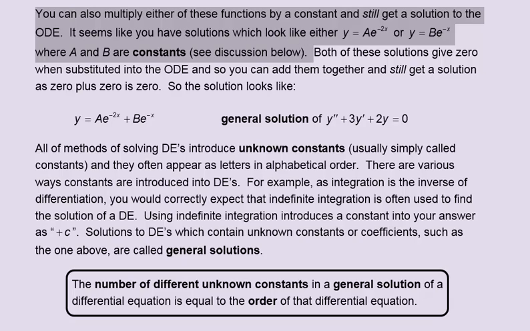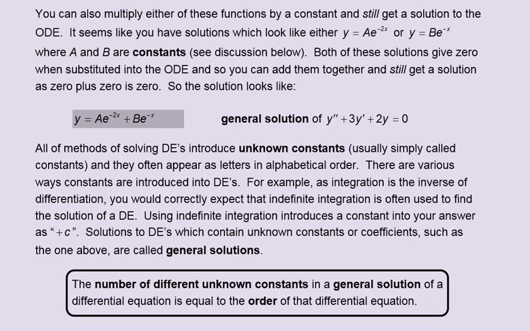Both of these solutions give 0 when substituted into the ODE, and so you can add them together and still get a solution, as 0 plus 0 is 0. So the solution looks like y equals a multiplied by e to the minus 2x plus b multiplied by e to the minus x. This is a general solution of y double prime plus 3y prime plus 2y equals 0.